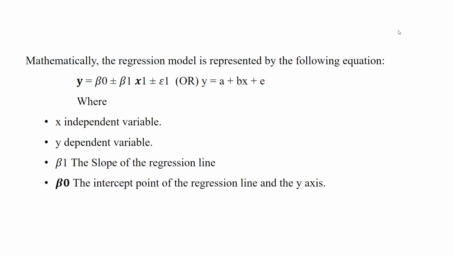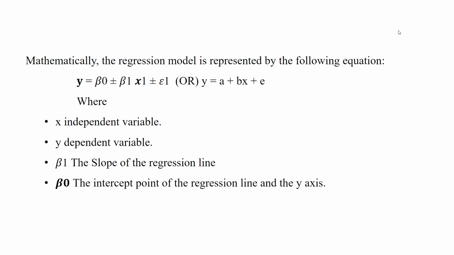This is the mathematical model for the simple regression equation. We also write it as y is equal to beta naught plus beta 1 into x1 plus error term. This is also how we name our regression model.